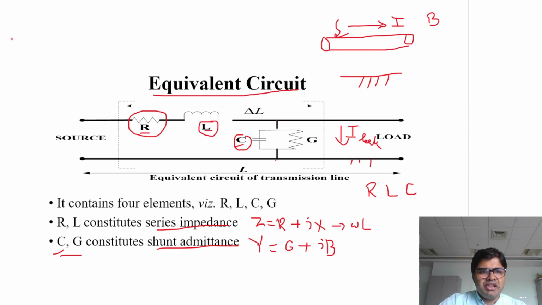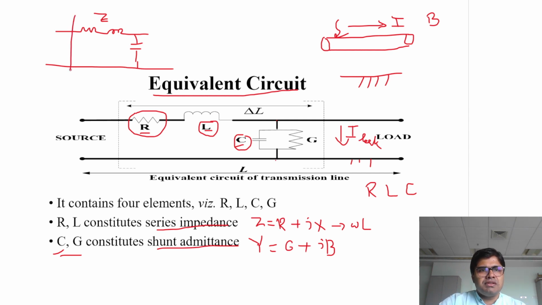So basically a transmission line can be modeled by a series R and then L. This constitutes a series element. This is Z. After that, a capacitance is represented in parallel to that, forming a shunt admittance.